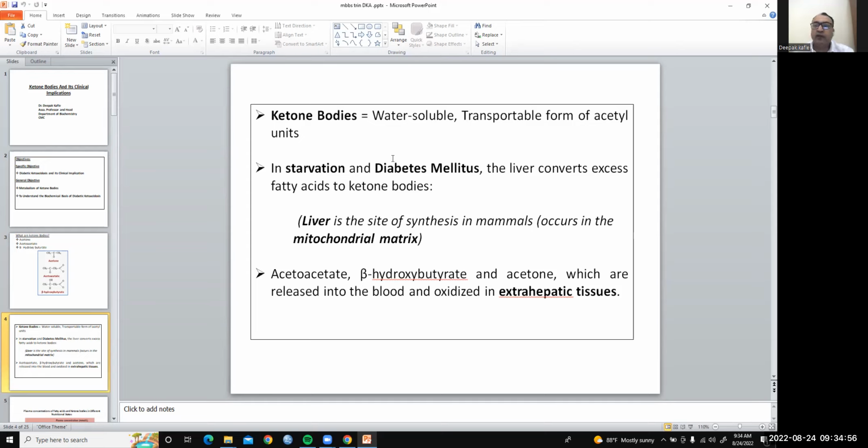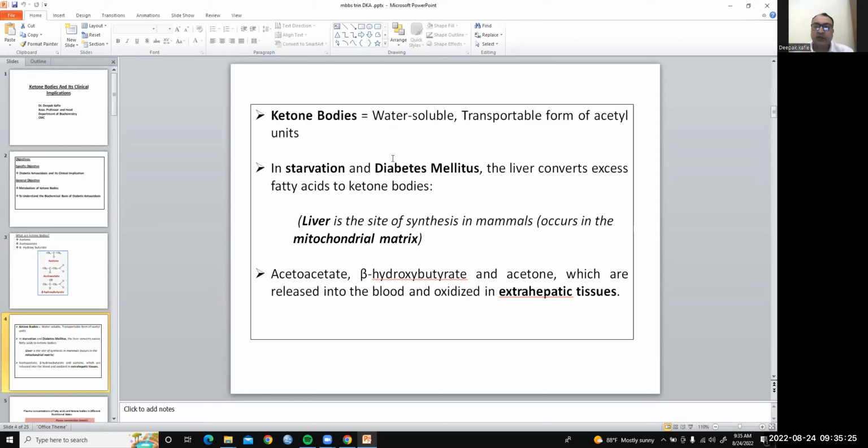Ketone bodies are formed in the body in case of starvation and diabetes mellitus. Apart from this, ketone bodies are formed when the carbohydrate content is low in other clinical conditions, such as toxemia of pregnancy, sometimes infection, trauma, as well as some poisoning, like methyl and ethanol poisoning.